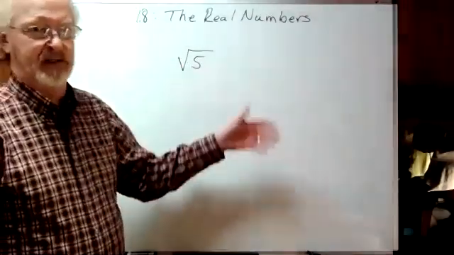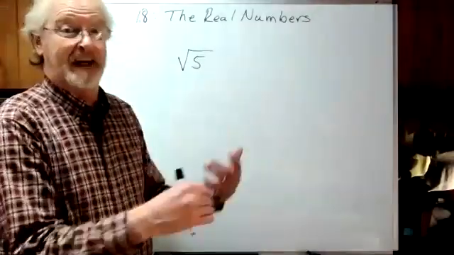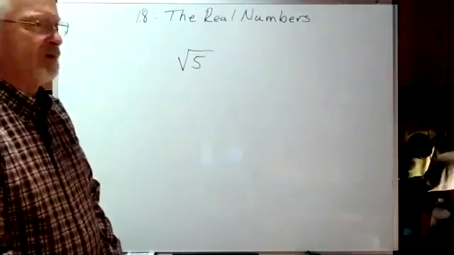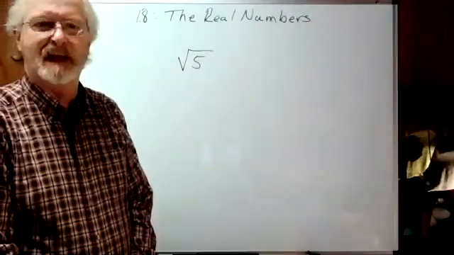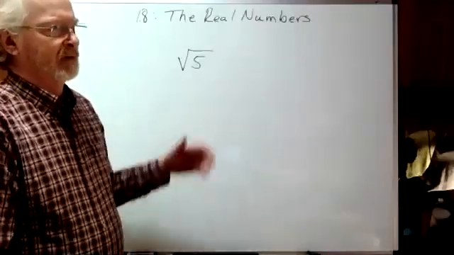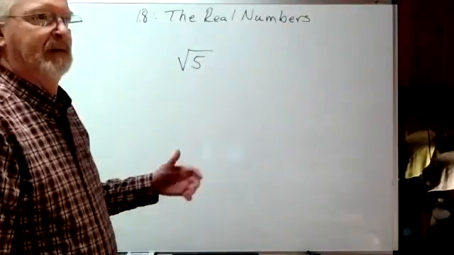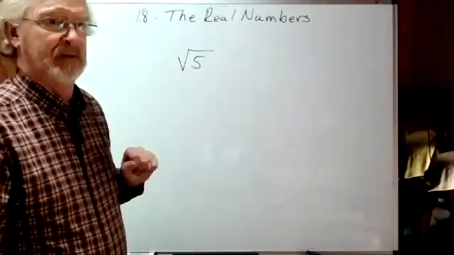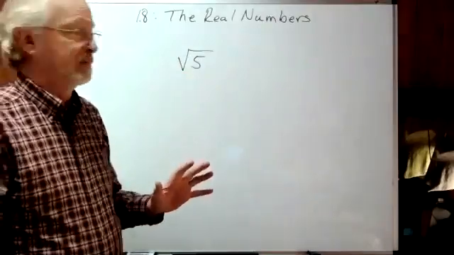There is no nice rounded decimal number exactly that will square to 5. So anything I might actually use in the real world would be an approximation. 2.3 something or other, I'm just making up, would be an approximation. But this value, the way I wrote that, it represents a quantity, right?